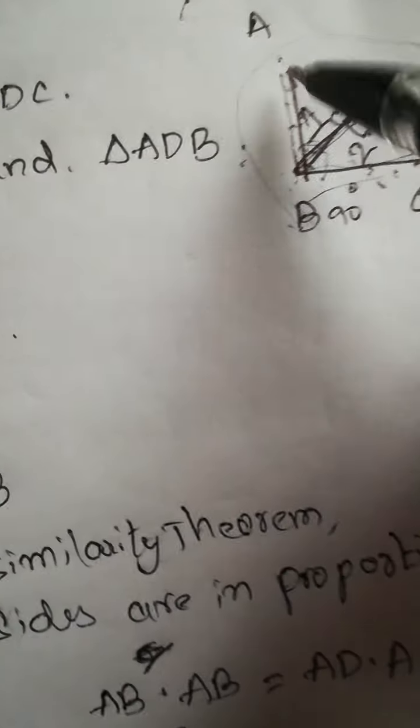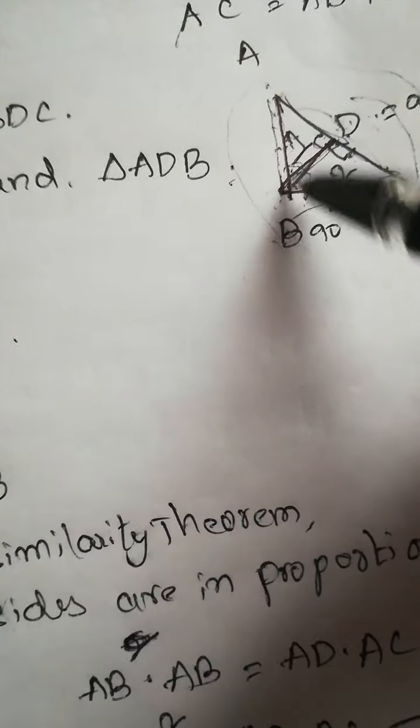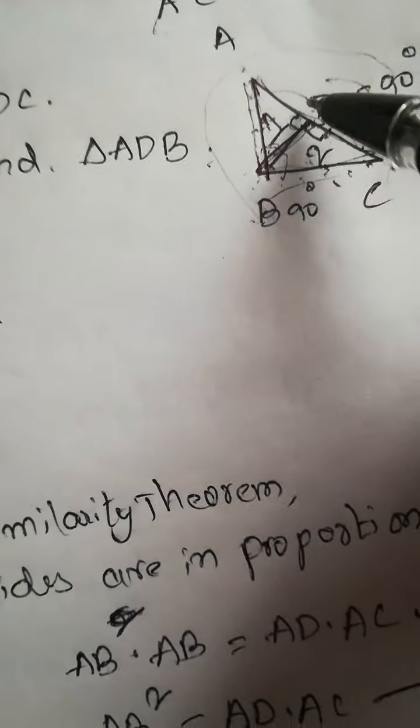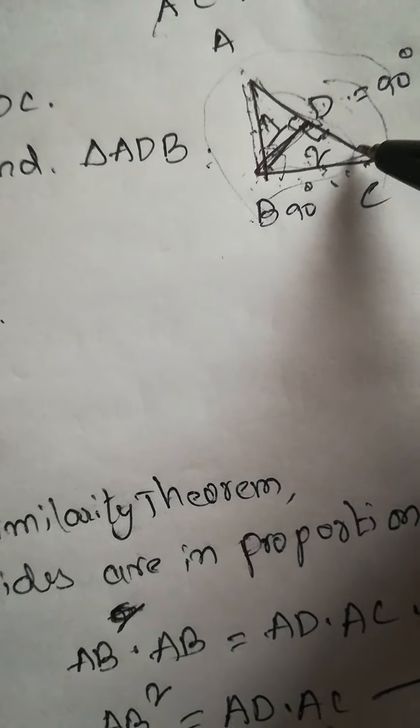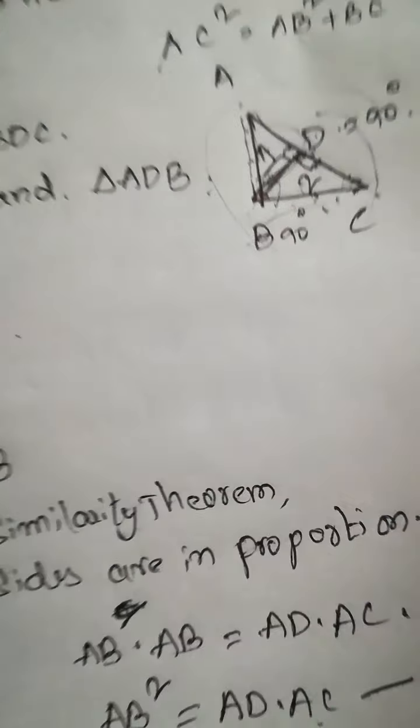And see, triangle ABC and triangle BDC. C vertex is included the same in these two triangles, na? So angle C is equal to angle C, and one more angle we have to prove as equal. See here, angle B is equal to 90 degrees, and angle D is equal to 90 degrees. So angle ABC is equal to angle BDC.